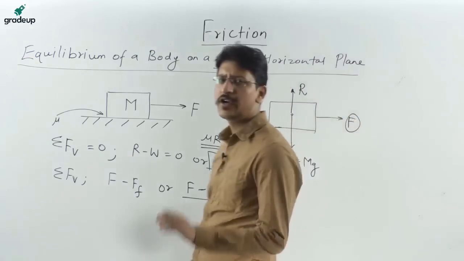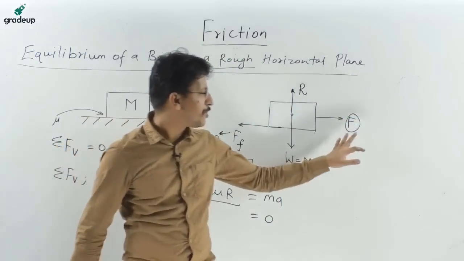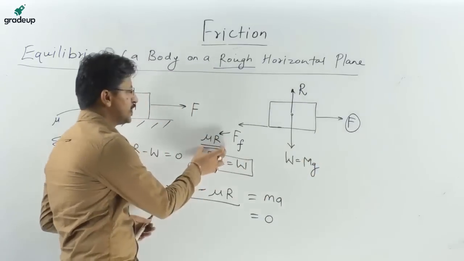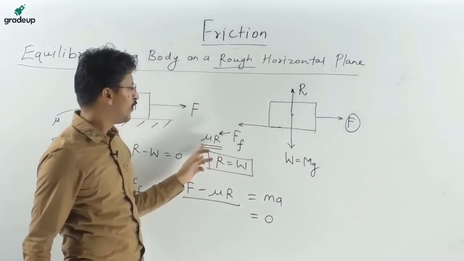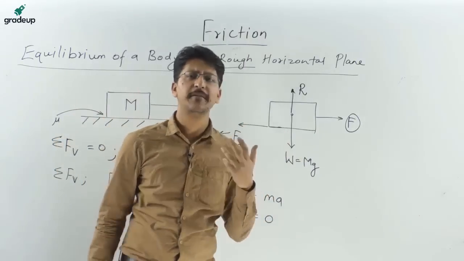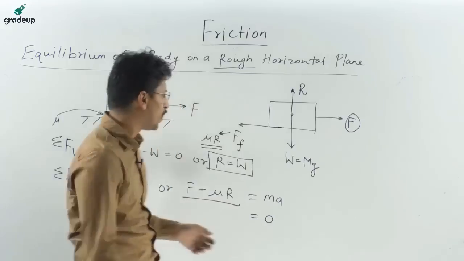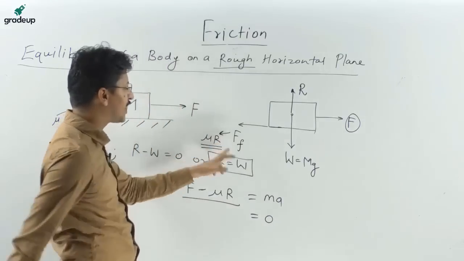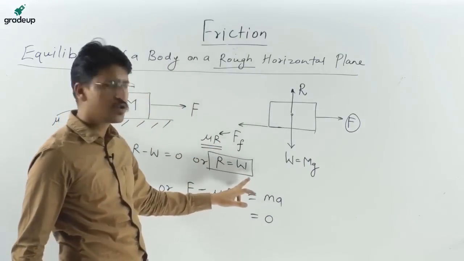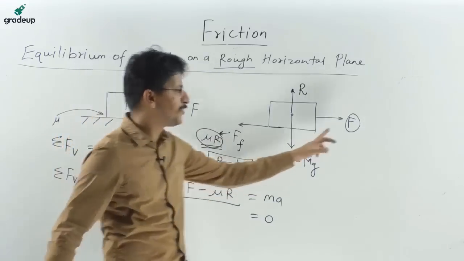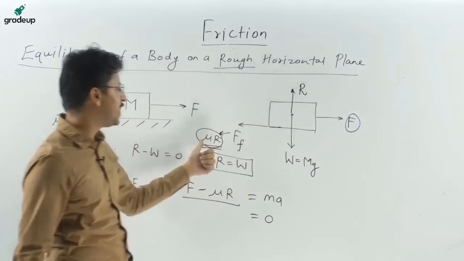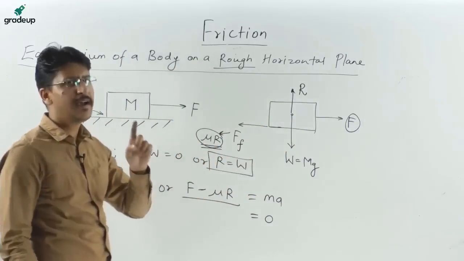As I have already told you, this is the friction force, it has its limiting value, the limiting friction. This friction force will not increase beyond that limiting friction. Because mu is a constant, and R, that is equal to the weight, is also constant, so this mu R is a constant value. If this F, the applied load, is less than mu R, then this body will be at rest.